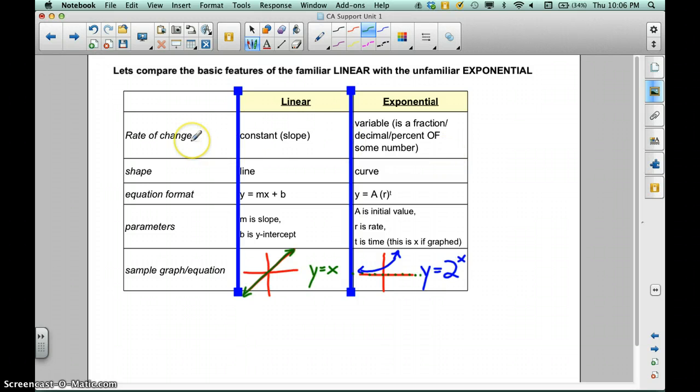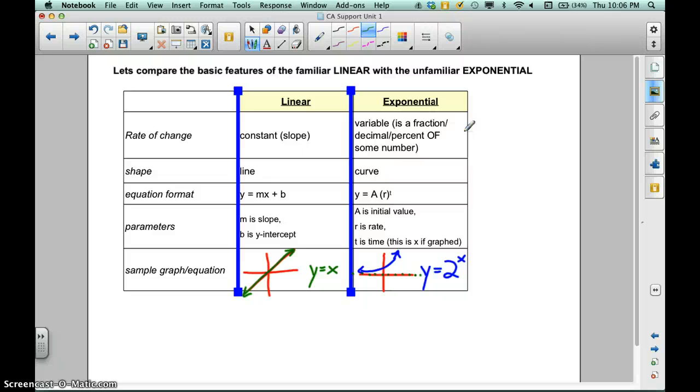So for the rate of change, or the slope, in a linear equation, the slope is constant. No matter what points we pick, we'll always get the same slope if we're looking at the same line. In an exponential function, the rate of change is variable. It's a fraction or decimal or percent of some number. And so it's not a number all by itself.